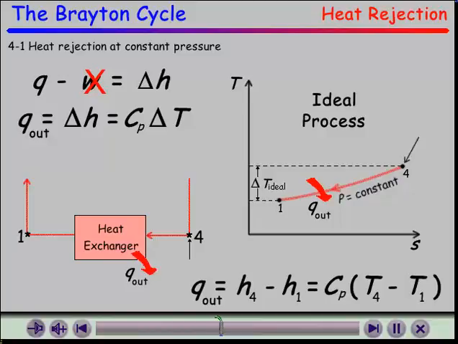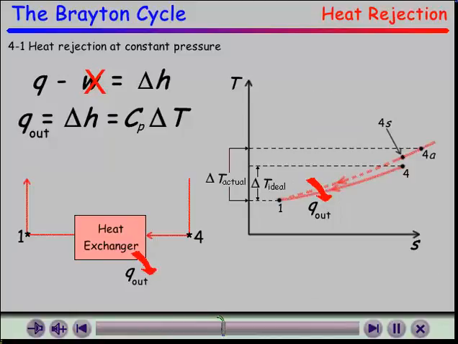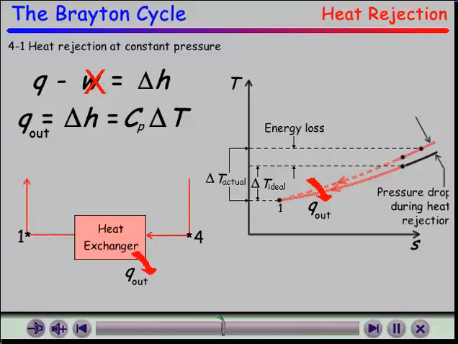In the actual expansion process, we can't extract all the energy from the working fluid, so it is discharged from the turbine at a higher temperature. The pressure at point 4A is higher as well to account for the pressure drop during heat rejection. As we will see in the next section, the amount of heat rejected is less than the heat added to the cycle in the combustion process.